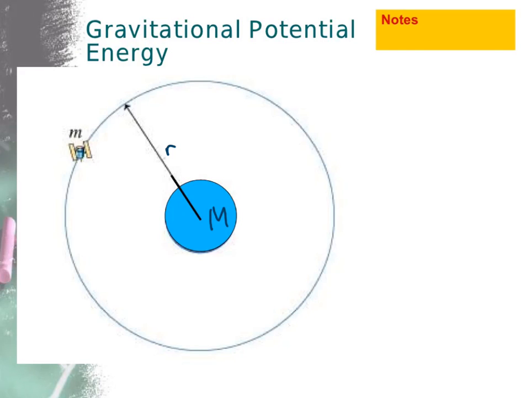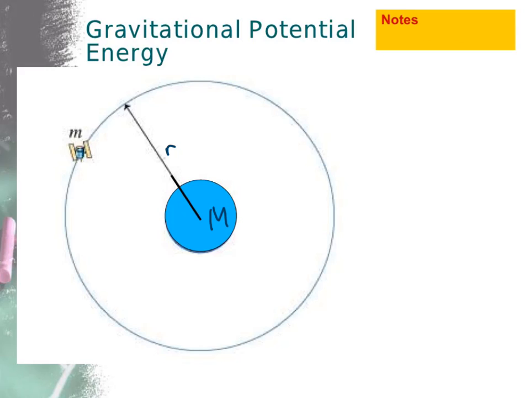All right, so let's take a satellite orbiting around a planet with mass big M, at a radius of r away from the center of mass of the planet.